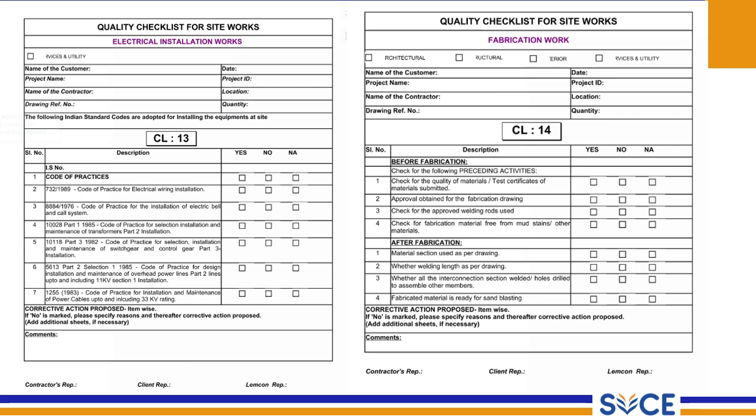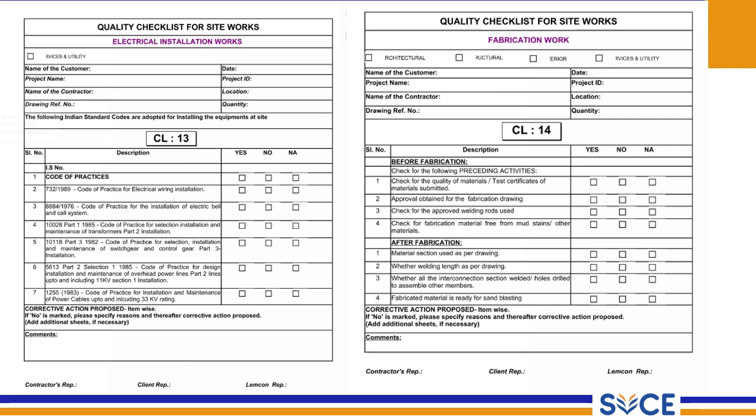Here in this electrical installation, they have mentioned the code books, and we check whether the actual work is as per the codal provisions mentioned in the code books. Especially we need to see IS 10028 part 1. That is very important.